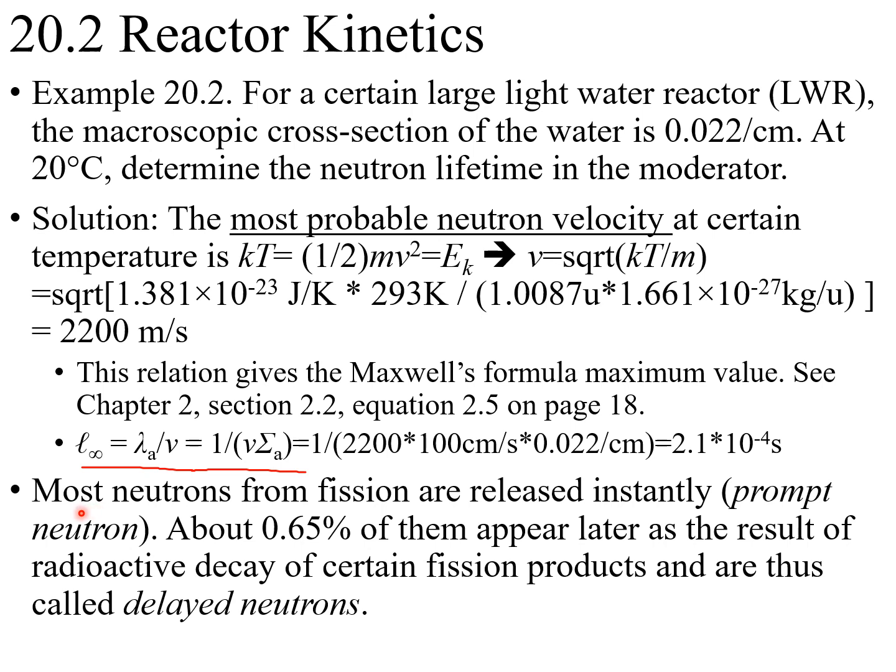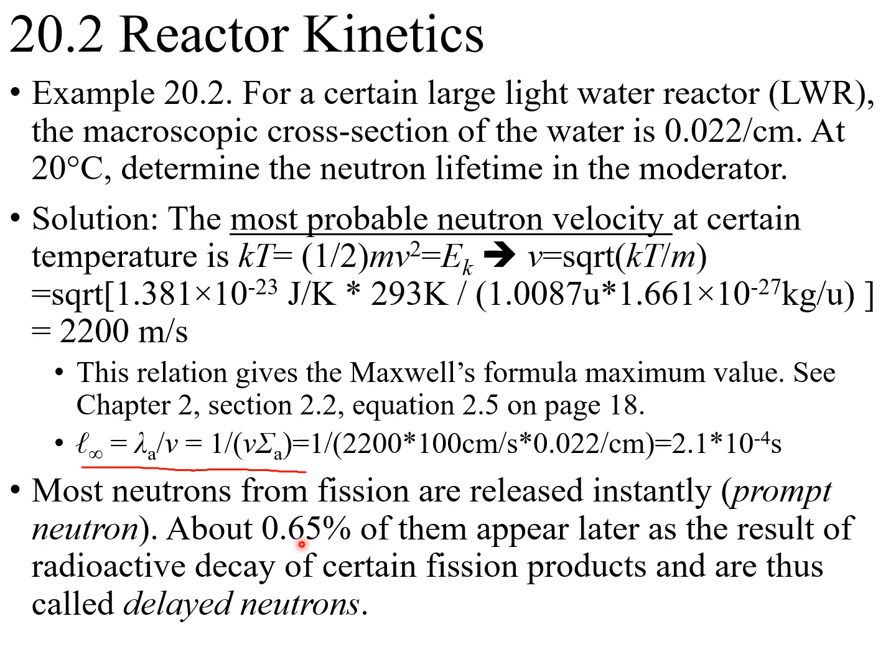So as shown here, most of the neutrons are released instantly. So we call it a prompt neutron. More than 99% of the neutrons are released instantly. However, a small percentage of the neutrons, about 0.65%, are released later, after a few seconds or after a few minutes, as a result of radioactive decay of certain fission products.